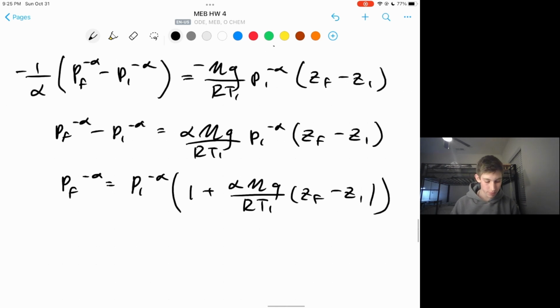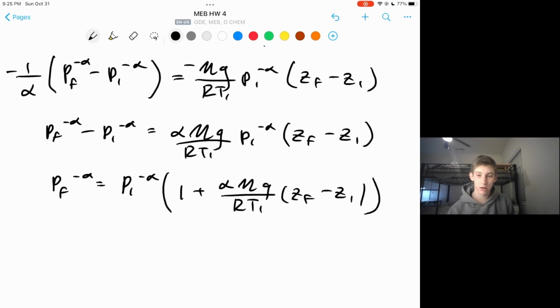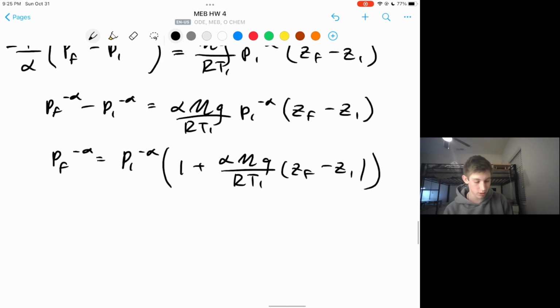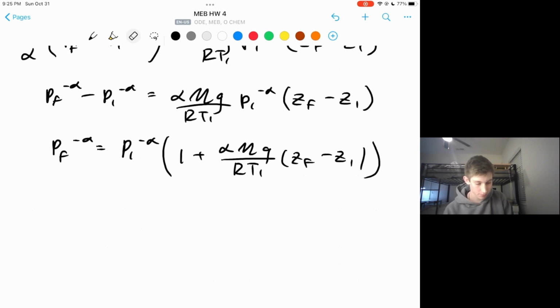So we have this equation, and then we want to raise the power to the negative 1 over alpha, so we can get these pressure terms to be to the power of 1, I suppose.